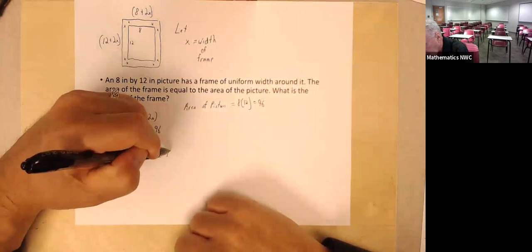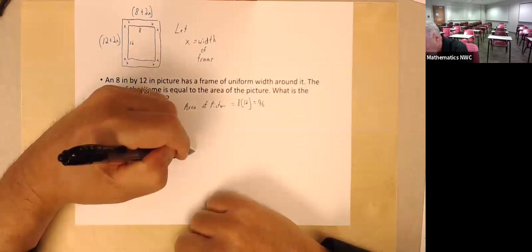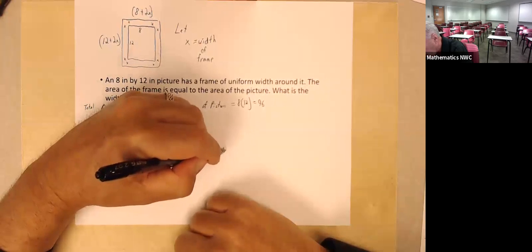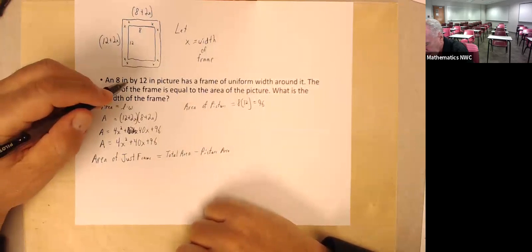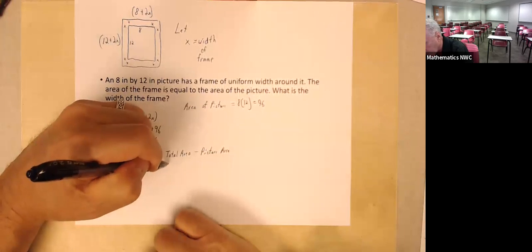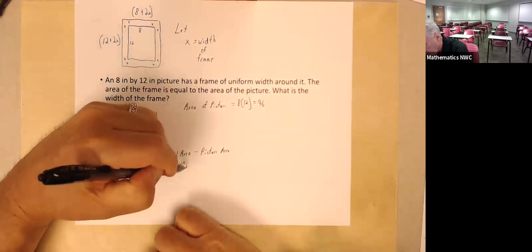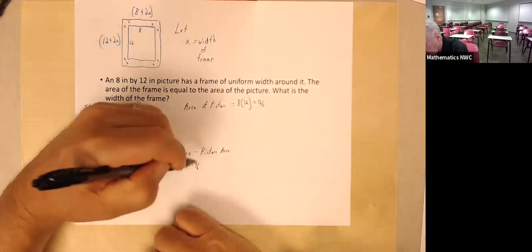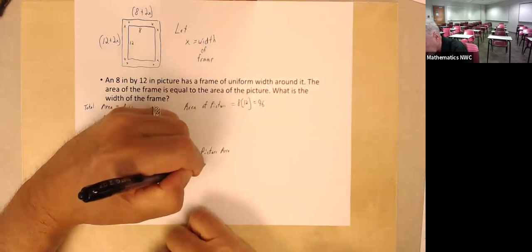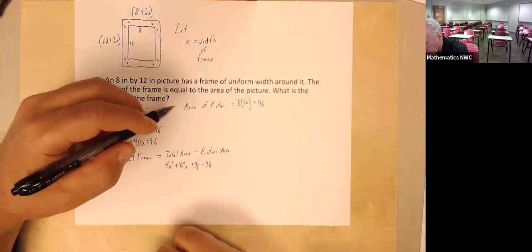So that would give me the total area minus the picture area. That's the area of the frame. Well, the total area is 4x squared plus 40x plus 96. The area of the picture was 96. That gives me the area of the frame.